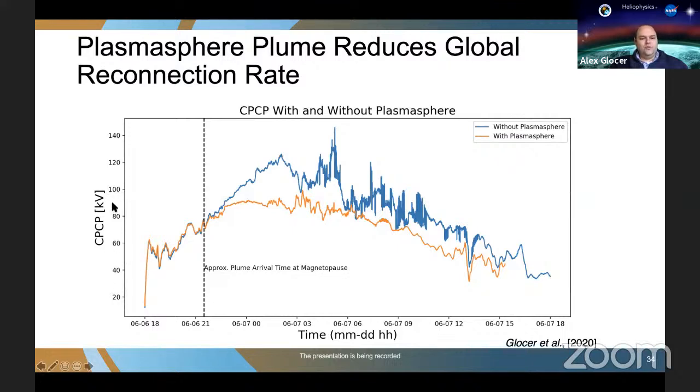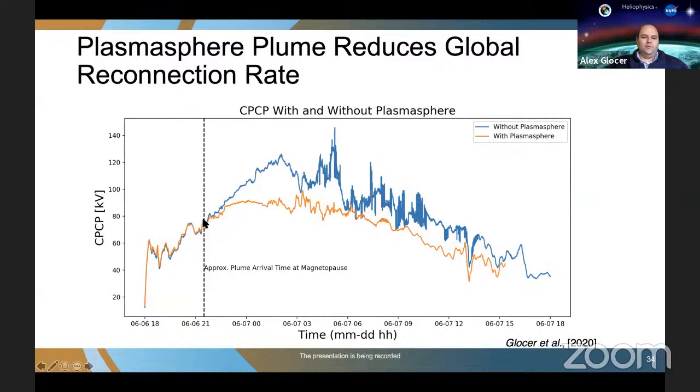We can use the cross-polar cap potential as a proxy for the global reconnection rate. We do the simulation without a plasmasphere in blue and with a plasmasphere in orange. If you look before the time of the plume arrival at the magnetopause, you see that the cross-polar cap potential is very similar in the two cases.